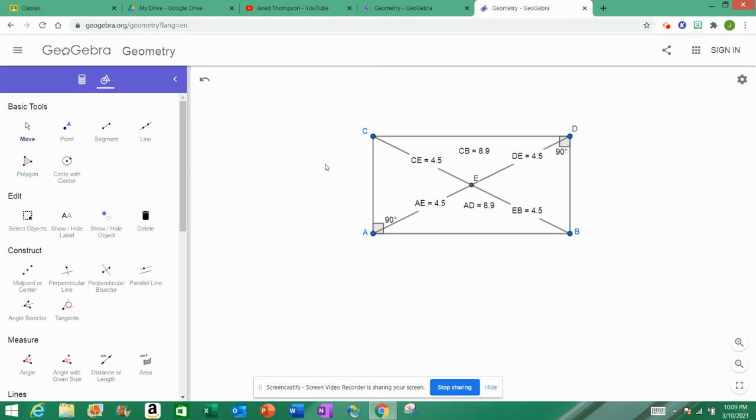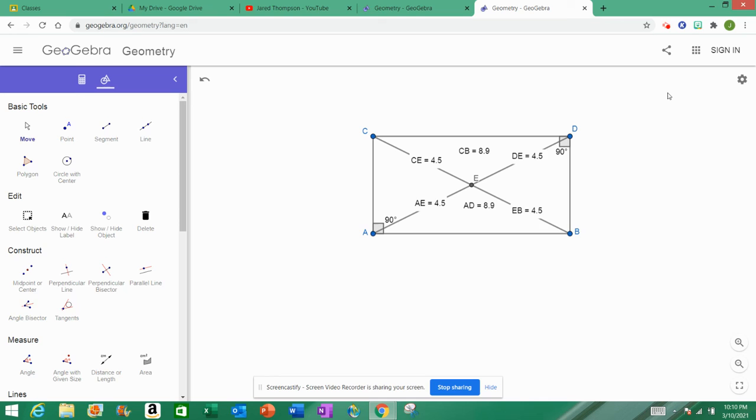That's what makes it different from a parallelogram. Because remember, when we looked at just a parallelogram, maybe this pair that I'm pointing at was the same, but then this pair would be different because their diagonals were not congruent. Here, they are congruent, and that's why every little piece is the same. So the big thing for a rectangle is that the diagonals are congruent. They're the same length, and every little piece is going to be the same length.